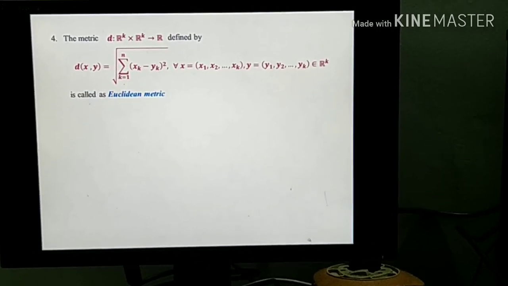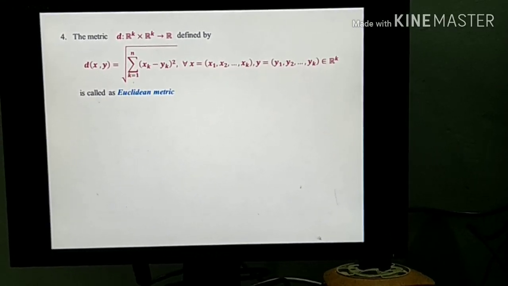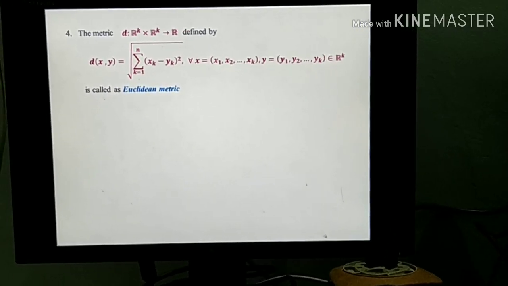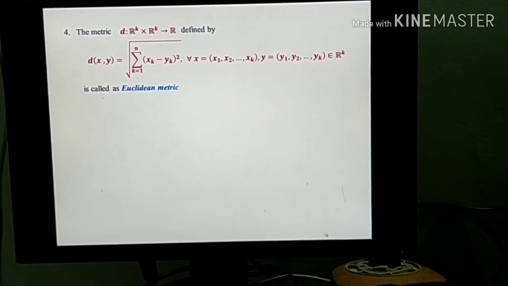You can restrict it to R, R2, R3, R4, etc. And obviously it satisfies all the four properties of a metric. You can verify it.